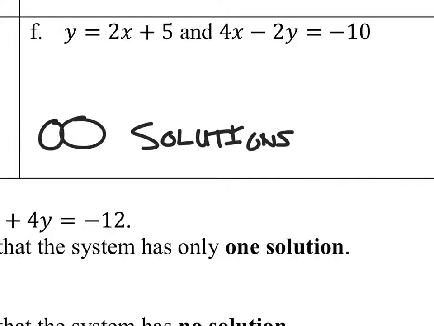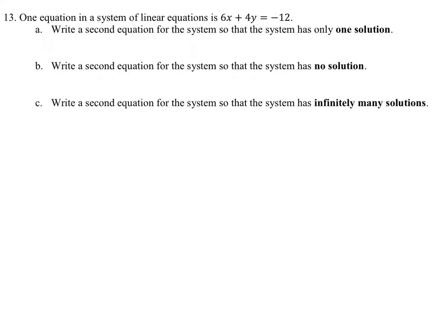It's the same, so it's infinite. I usually do the one circle and then the other one. My bad, it was just a little out of order. All right, now it's your turn.